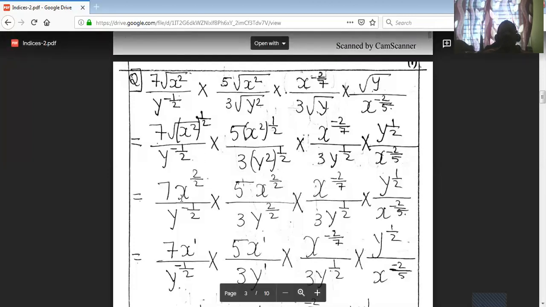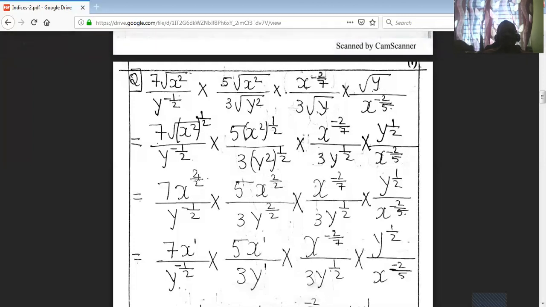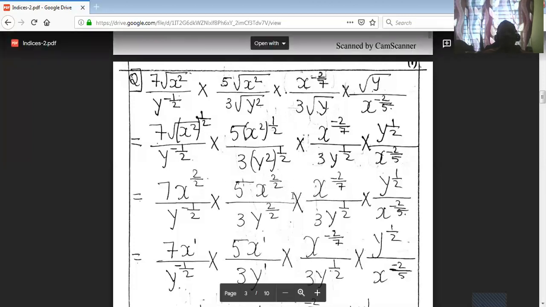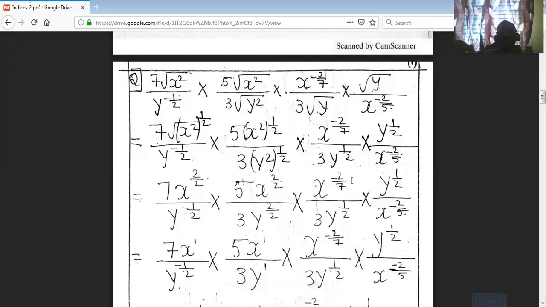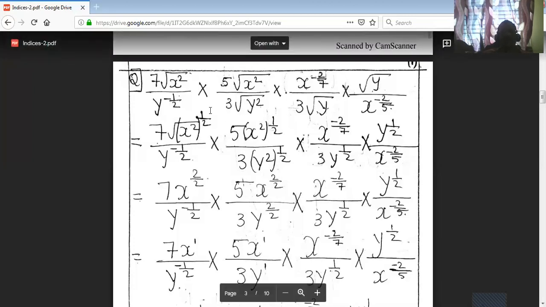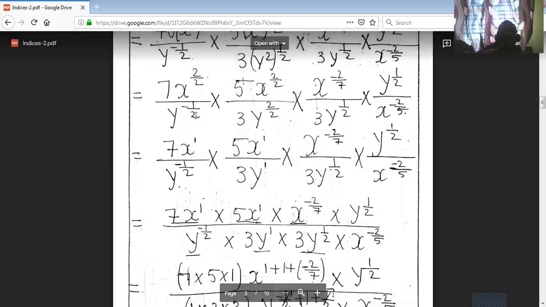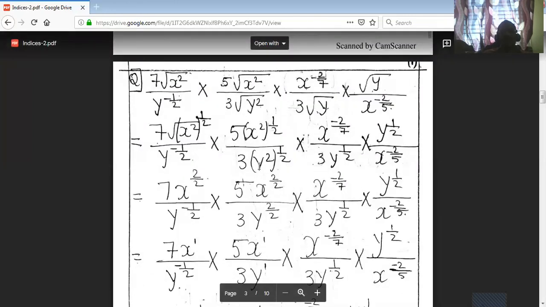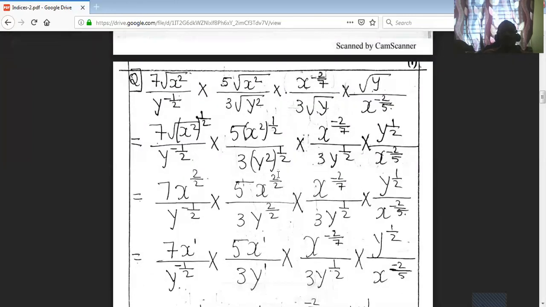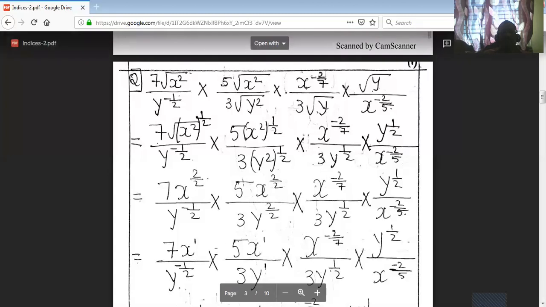And this becomes 7 into x to the power of 2 by 2, 5 into x to the power of 2 by 2, x to the power of minus 2 by 7, y to the power of 1 by 2. This 2 by 2 is 2 into 1 by 2, again 2 into 1 by 2, that becomes 2 by 2. Now this is y to the power of minus 1 by 2. Now 3 y to the power of 2 by 2, 3 y to the power of half, and x to the power of minus 2 by 5.